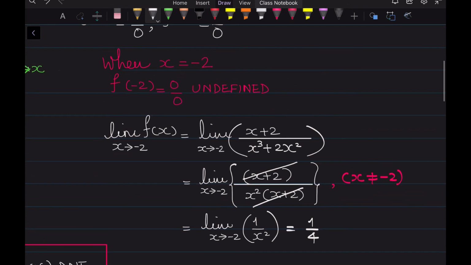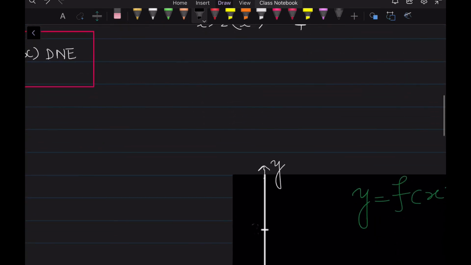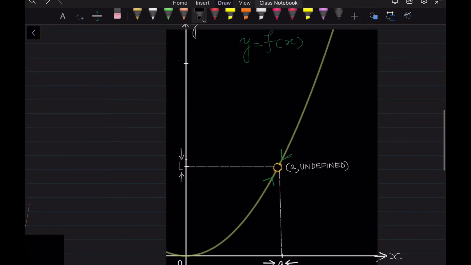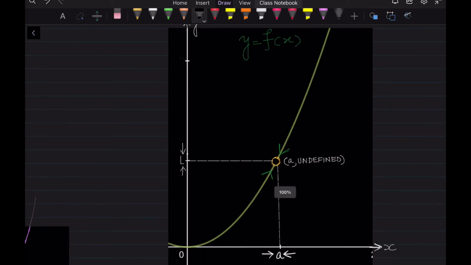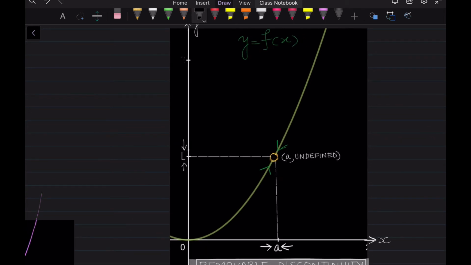So what do we observe here? That although this function is not defined at x is equal to negative 2, its limit as x approaches negative 2 exists and it is equal to 1 by 4. So what type of discontinuity is this? Again, recall the scenarios that we discussed in the beginning of the previous lesson, one of which I have right here. Where f is any function and this function is not defined at x is equal to a, but the limit of this function as x approaches a exists and it is equal to the number L. And we had seen that this type of discontinuity is called removable discontinuity.